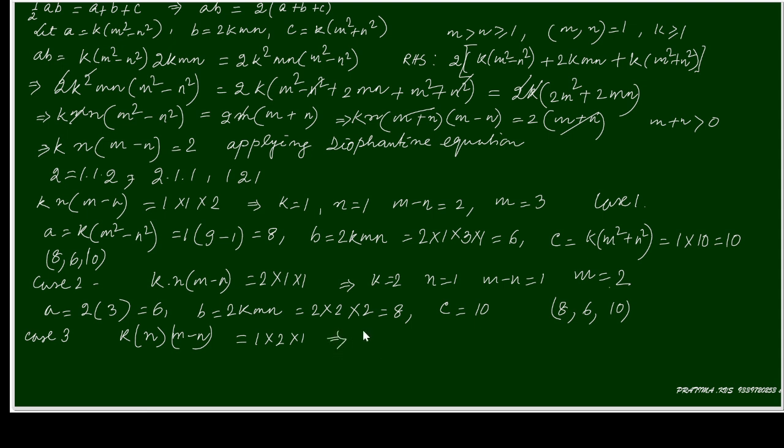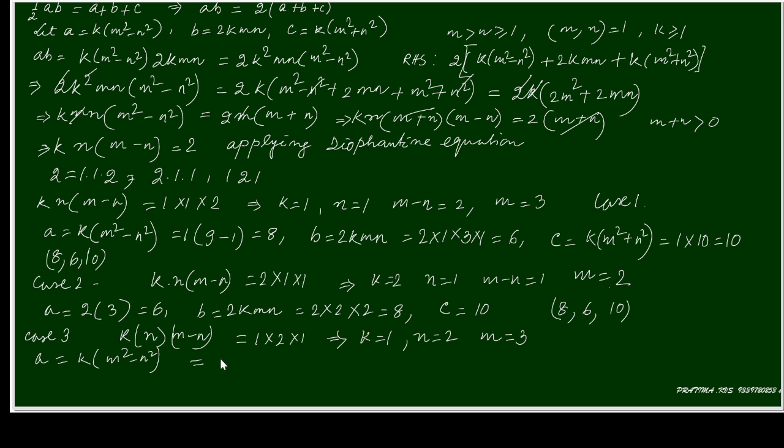That means K equals 1, N equals 2, M minus N equals 1, so M is equal to 3. So A is equal to K into M square minus N square. So K is 1, M square is 3 square, 9, minus 2 square, 4.